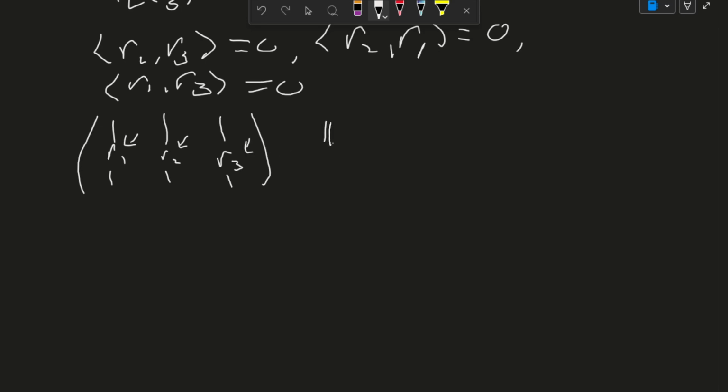Because if we take the length of E1, this is 1. And because our linear transformation isn't scaling anything, isn't making anything longer, we also must have that the length of R1 is 1. And similarly for R2 and R3. So these are all going to be orthogonal vectors with norm 1.